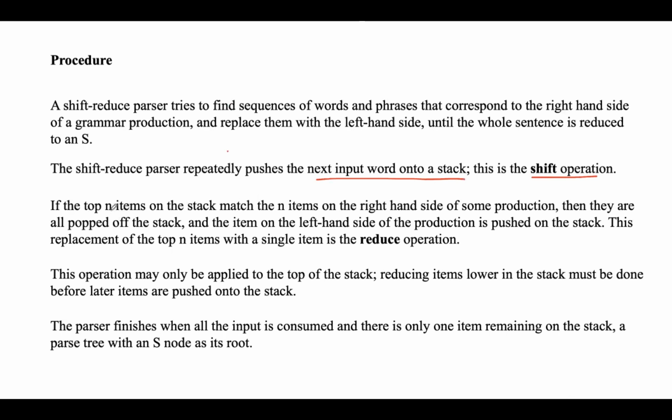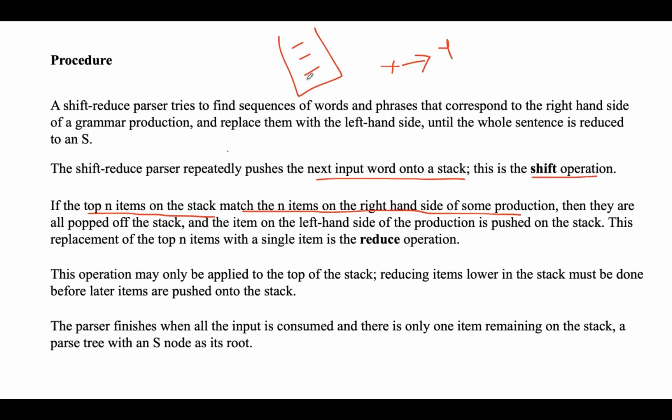See here, if the top n items on the stack match n items on the RHS of some production, say suppose we have a production like this, X derives Y, and these are the input elements or substrings present in the given input string.